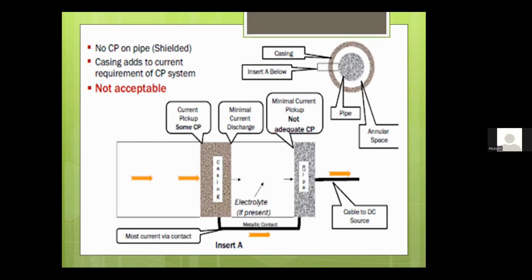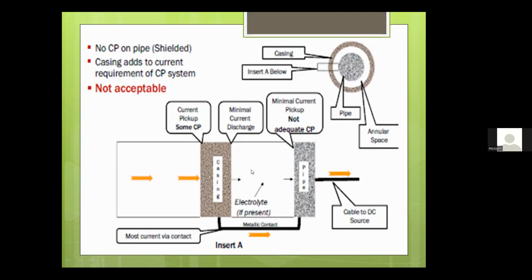This is the surface of the pipe, and this is the surface of the casing. This is a section. This is the pipe and the casing outside. We take this section and enlarge it to know what happened: the pipe surface and the casing surface.